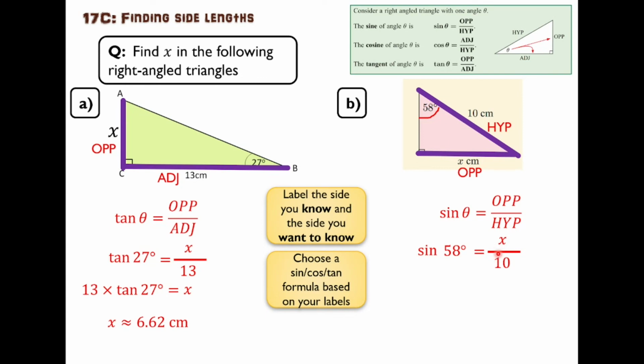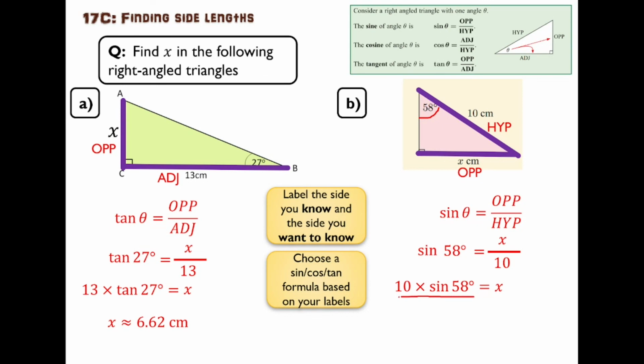I don't want an x divided by 10. So to get rid of this divide by 10, I can cross multiply, or I can imagine, oh, this is a divide by 10, so I can do the opposite to the other side. Opposite of dividing by 10 is multiplying by 10. So 10 times sine of 58 degrees equals x.